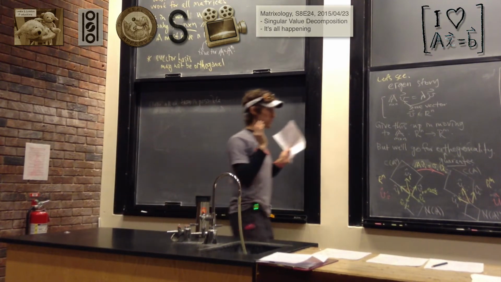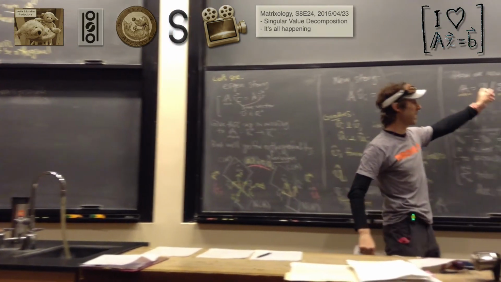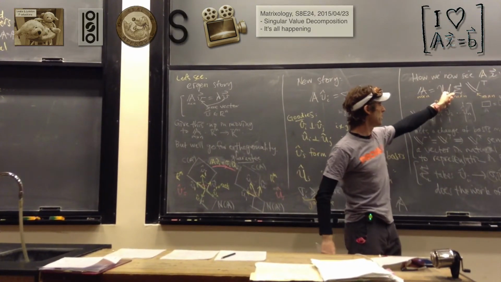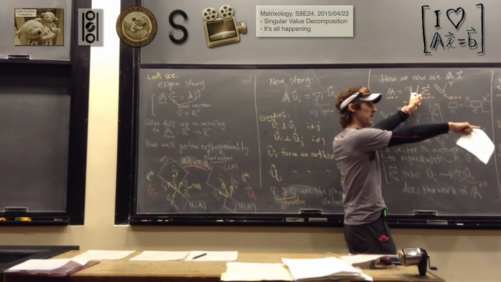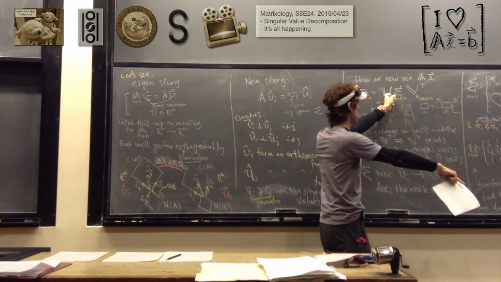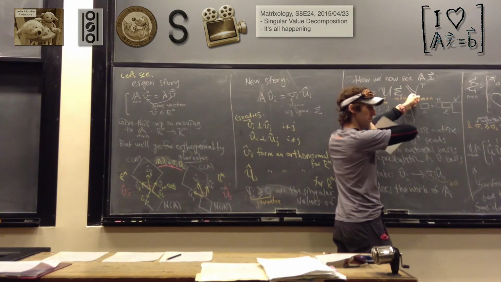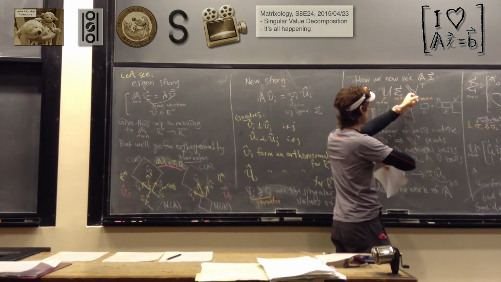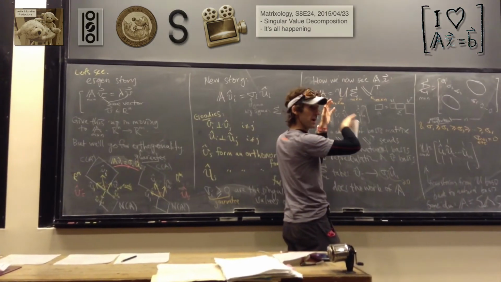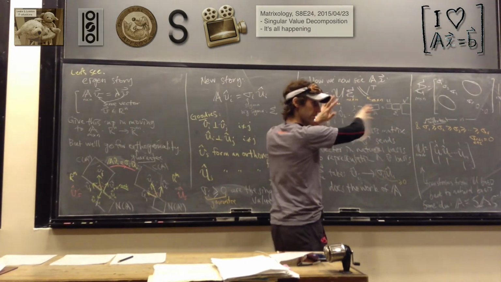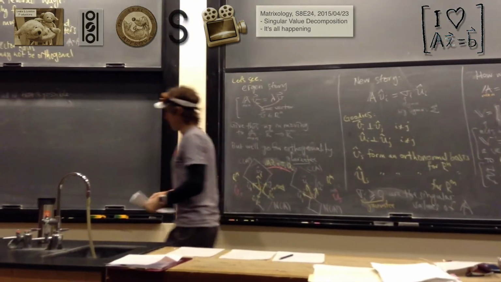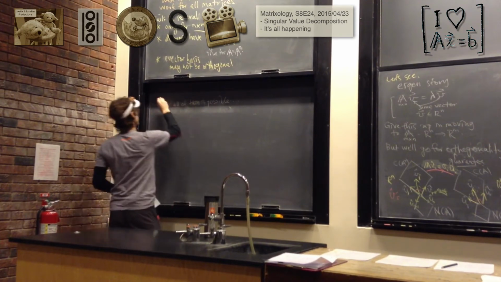I'm just stating that this is the structure that we can make for every A, that U will be a basis for column space and left null space, an orthogonal one, orthonormal one. V inside it will have an orthonormal basis for row space and null space, and sigma will be just this nice diagonal thing. And every A can do this. All right, so outrageous claim.